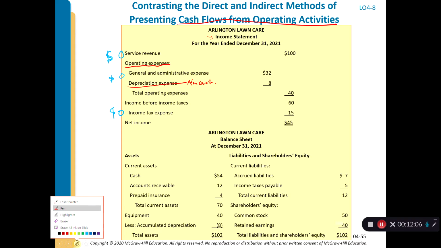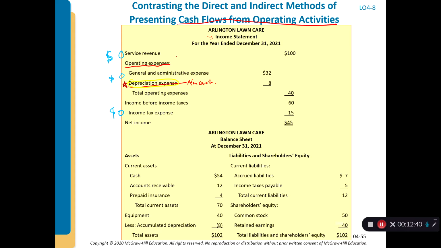But like I said earlier, the depreciation expense does not affect cash. To report this operating activity on a cash basis rather than an accrual basis, we take the 3 items that affect cash and adjust their amounts to reflect cash inflow rather than revenue earned, and cash outflow rather than expenses incurred.